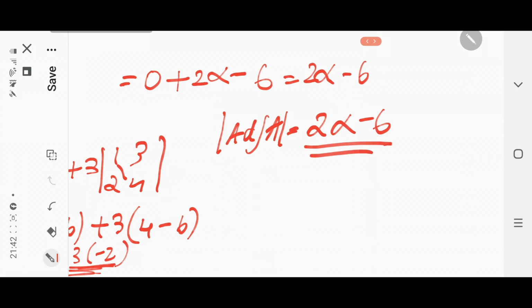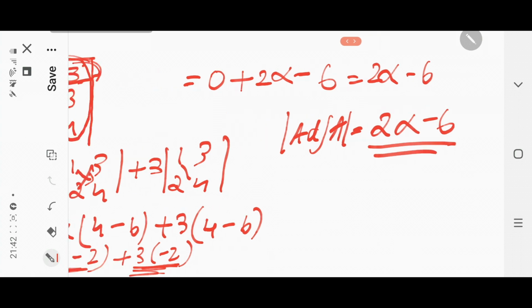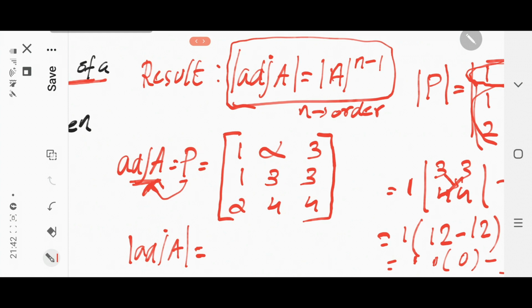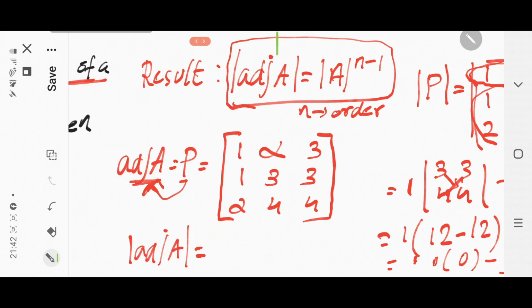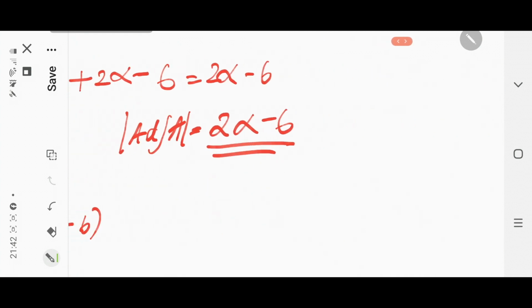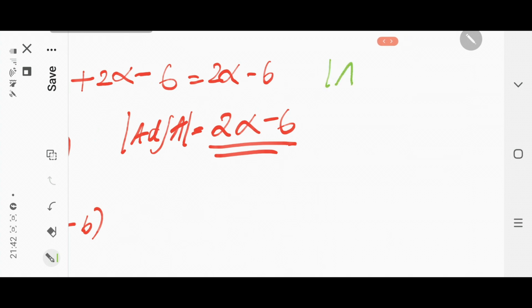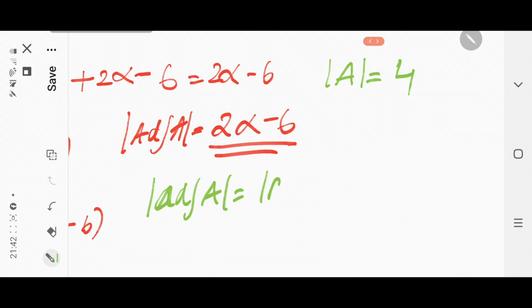Then, as per the result I have already explained earlier, determinant of adjoint A is equal to determinant A raised to n minus 1. In this question, determinant A is given to you as 4.